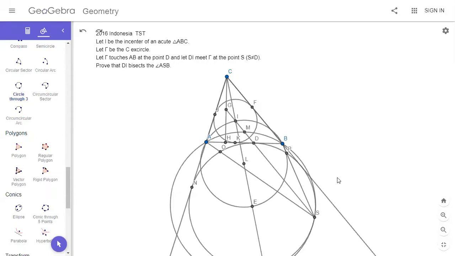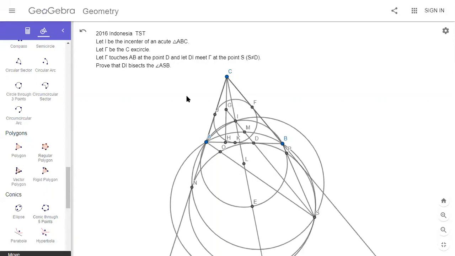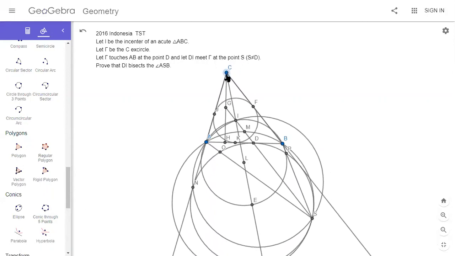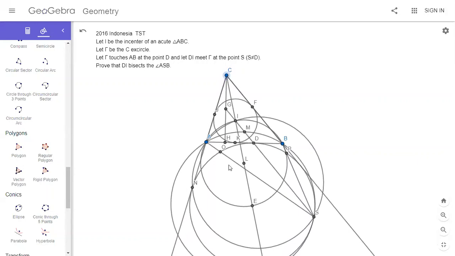So if we can show SE for INS, let's see. Oh, IANS looks cyclic. Yeah, it looks like IANS is cyclic. That's interesting.